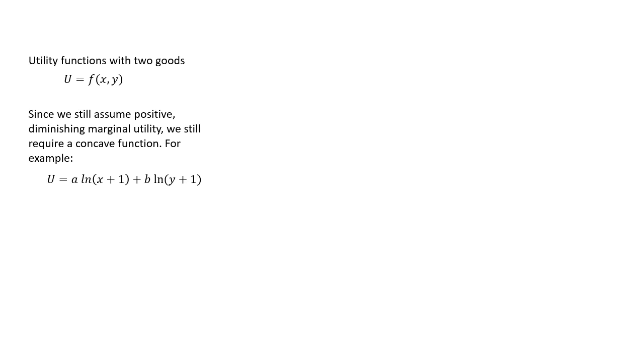So, in this case, I have a utility function for which I can calculate the marginal utility, but this time with respect to two goods, because utility may be increased by consuming more of x and also by consuming more of y. Taking the first derivative of this function is going to give us a over x plus 1 just like before, and b over y plus 1, which both are going to be positive.